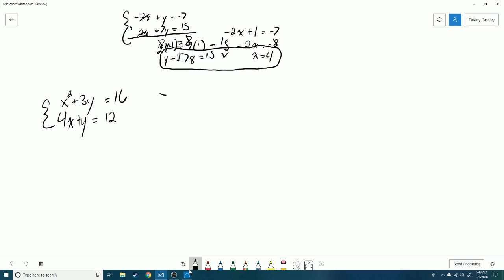Because we have this x squared, if we were to solve this for y, it's y equals negative 1/3 x squared plus 16 divided by 3. Because of the x squared, this is giving us a parabola, an upside down parabola. Kind of looks something like this.